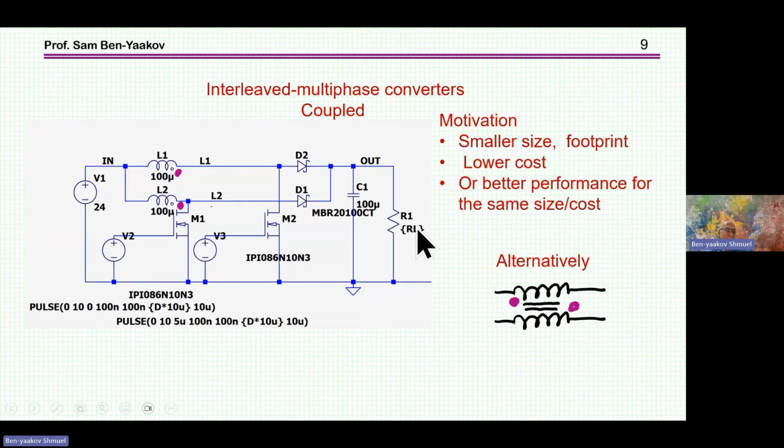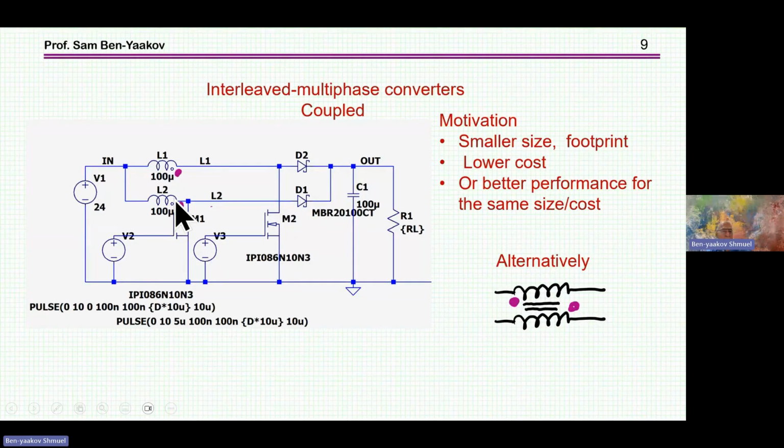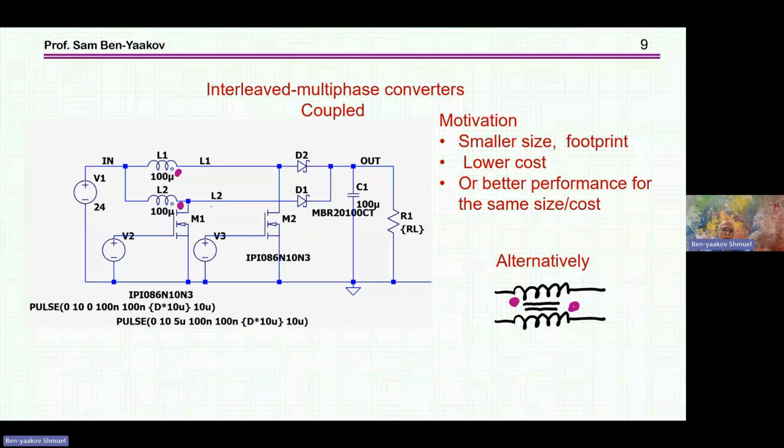And if it is the same size, then surely we can get better performance. So the idea of coupling is really saving in the operation. Overall, it is like an interleaved multi-phase converter, but the magnetics is, I'd say, smart magnetics, in a coupled arrangement.